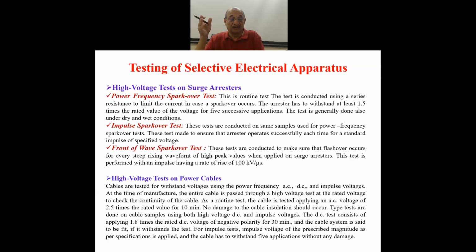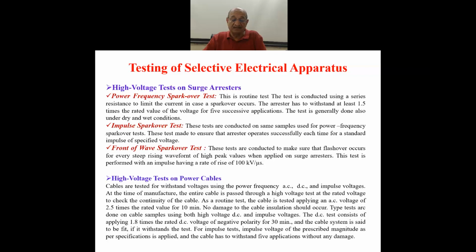The job of the surge arrester is to ground the pulse voltage, with the spark over taking place, caused by lightning or switching surge of desired shape.